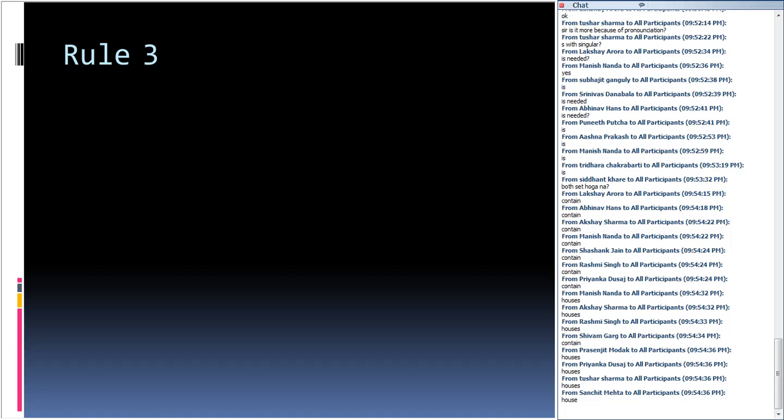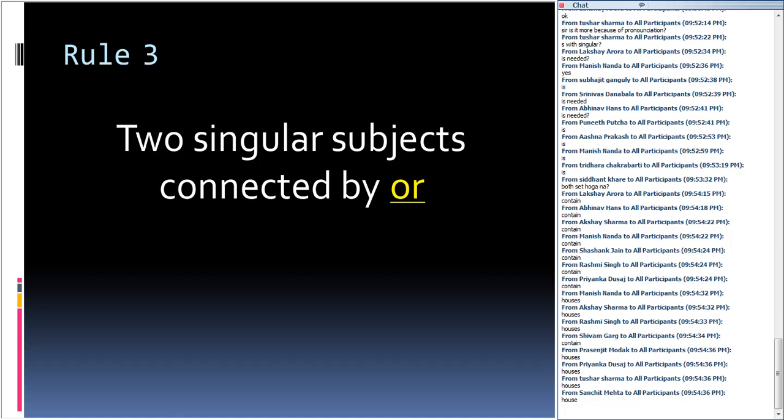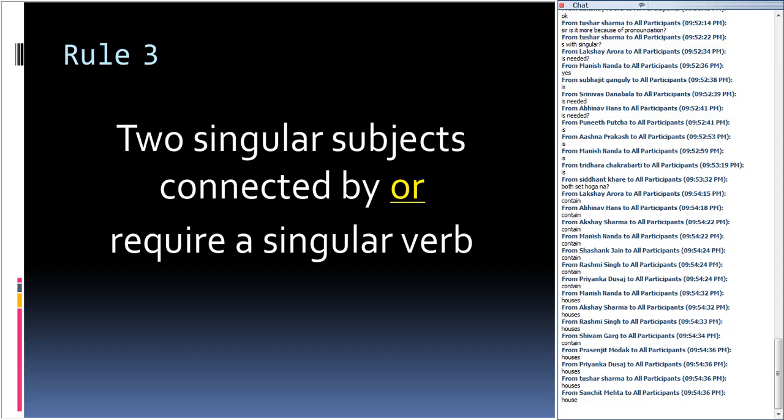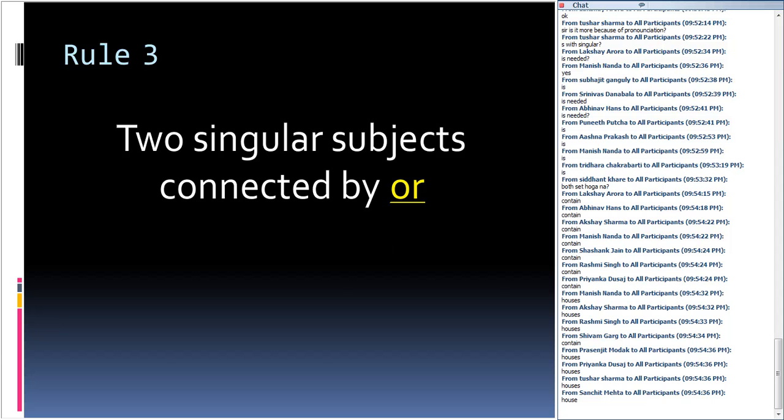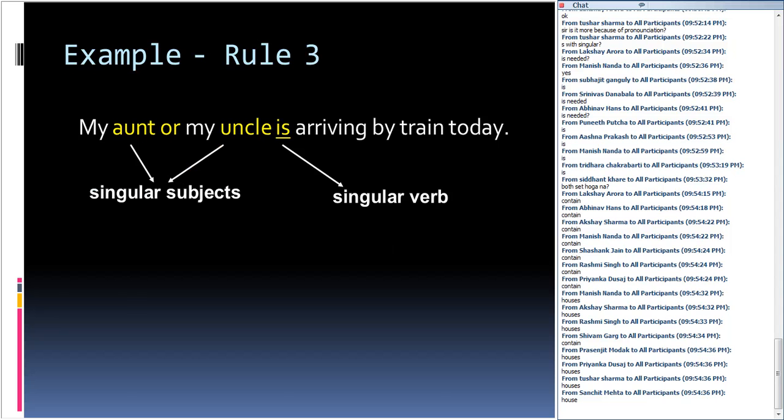Then we come to rule number 3. Rule number 3 states that if there are two singular subjects and they are connected by the word or, then you will use a singular verb in the sentence. So there are two singular subjects connected with the word or, then you will use a singular verb. For example, here, my aunt or my uncle is arriving by train today.